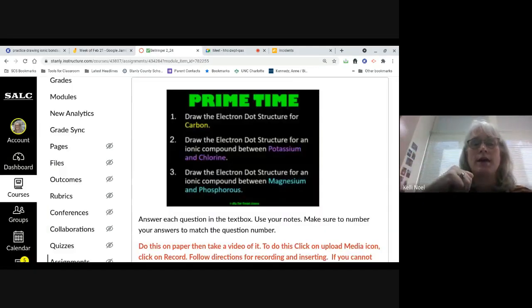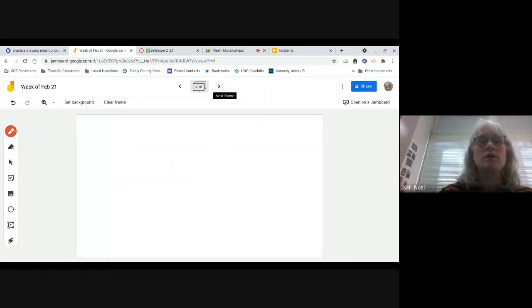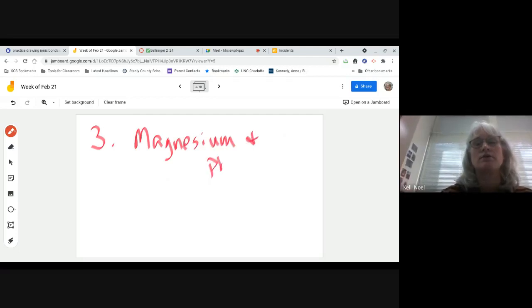Okay, now we have question number 3. Draw the electron dot structure for an ionic compound between magnesium and phosphorus. So I'm going to come back over here, go to a new slide. 3, magnesium and phosphorus.